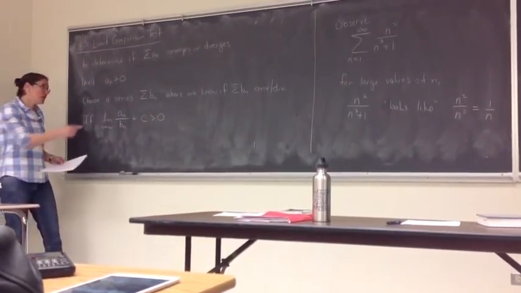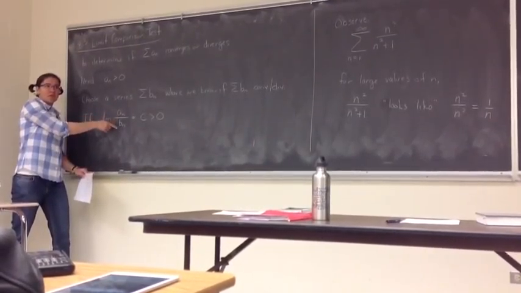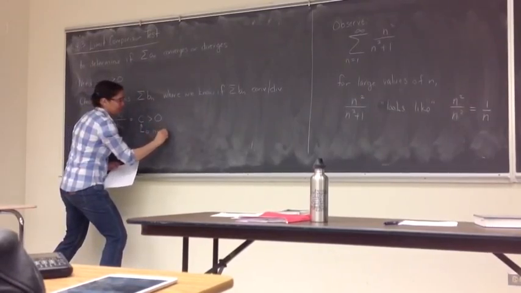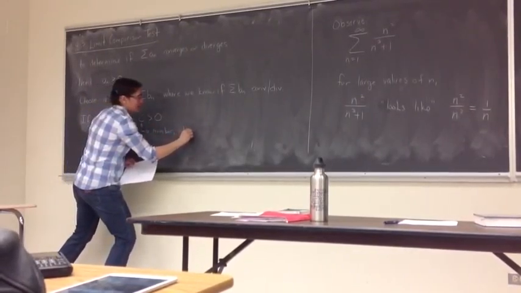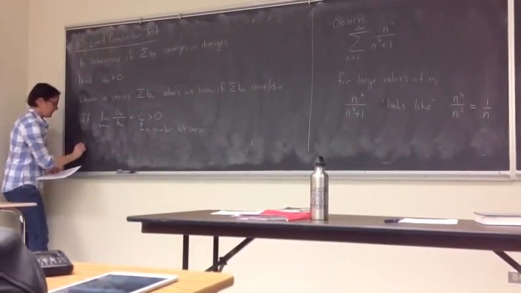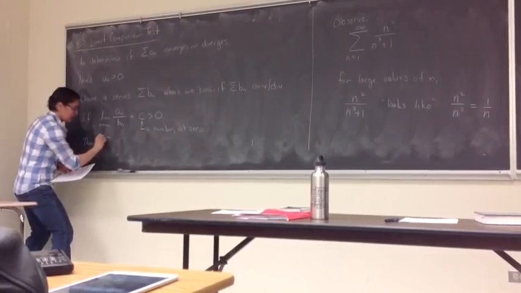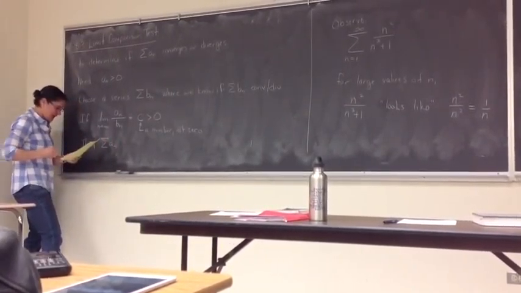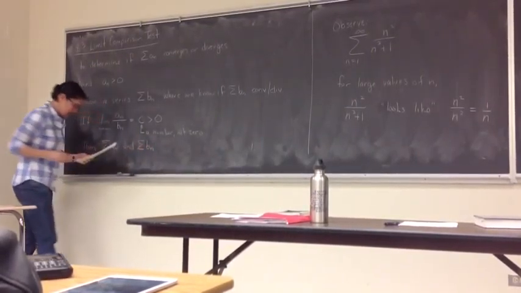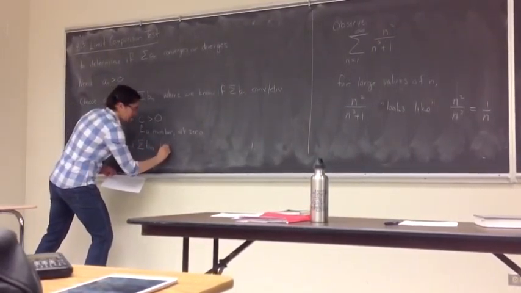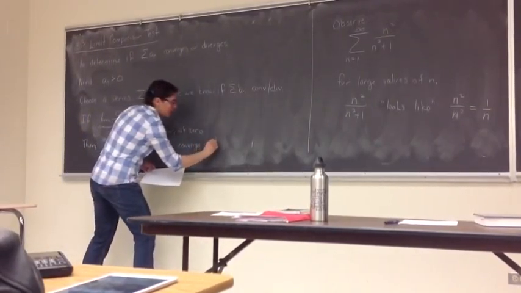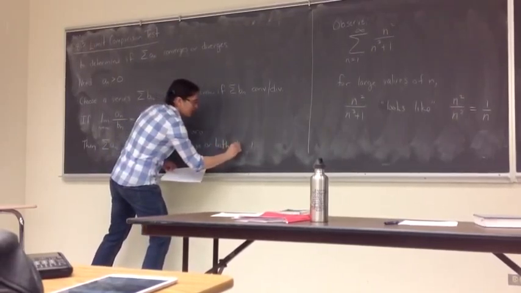So if the ratio of our mystery terms over our known terms is equal to some number, not 0, then the mystery series and the known series both converge or both diverge.